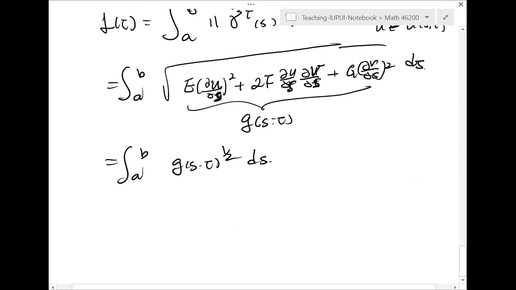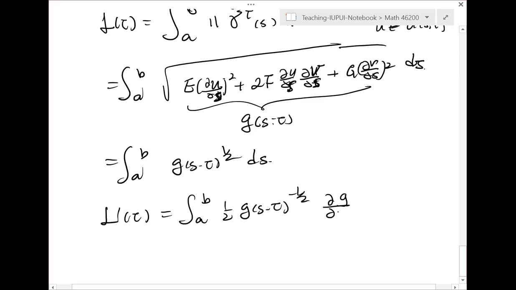So now you have to do the computation. You have to do the computation. So you differentiate with respect to tau.